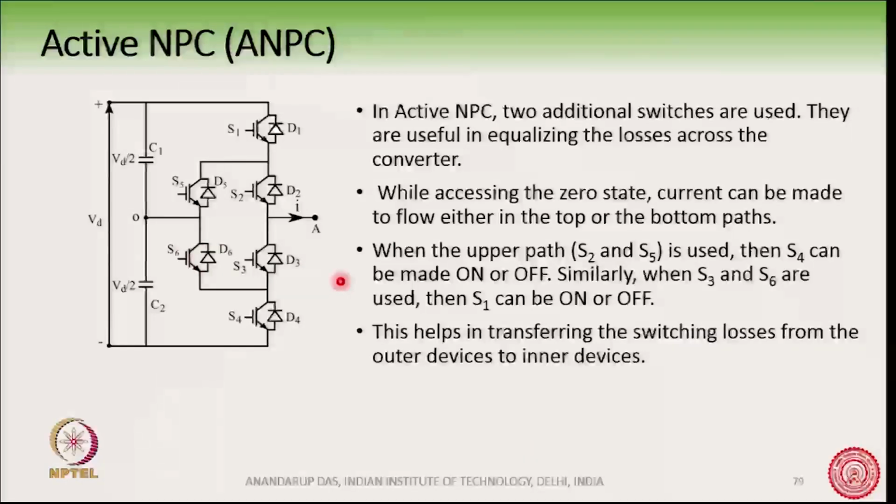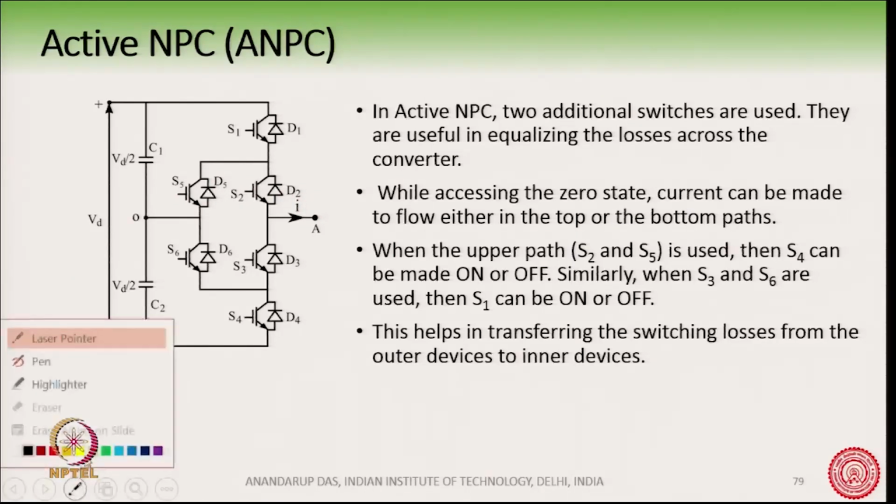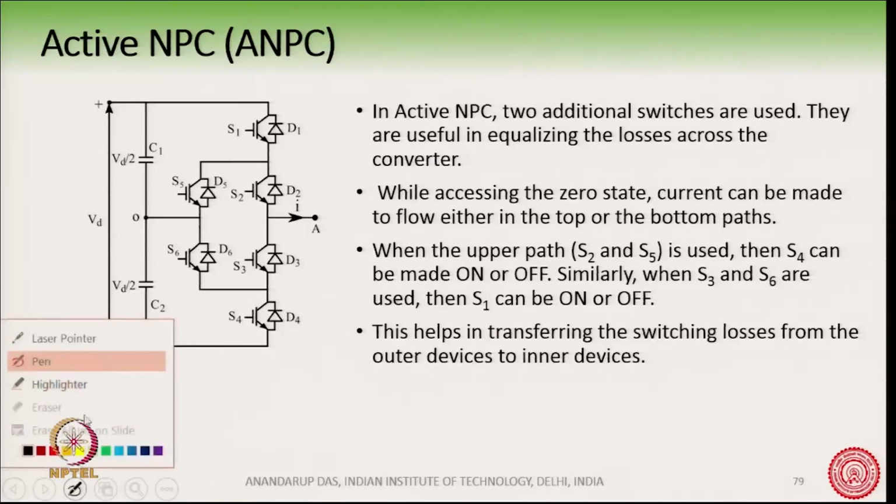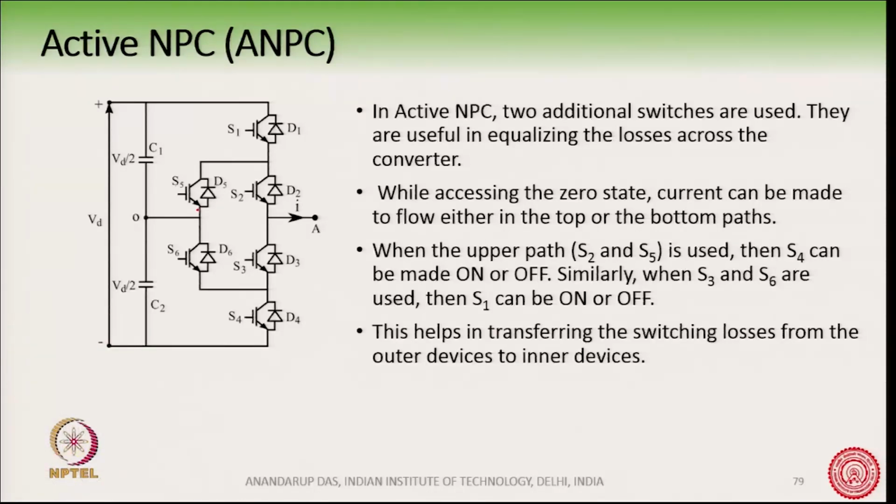For example, to access the 0 state, I turn on S2 and S5. Then if the current is going out, the current can flow through D5 and S2.